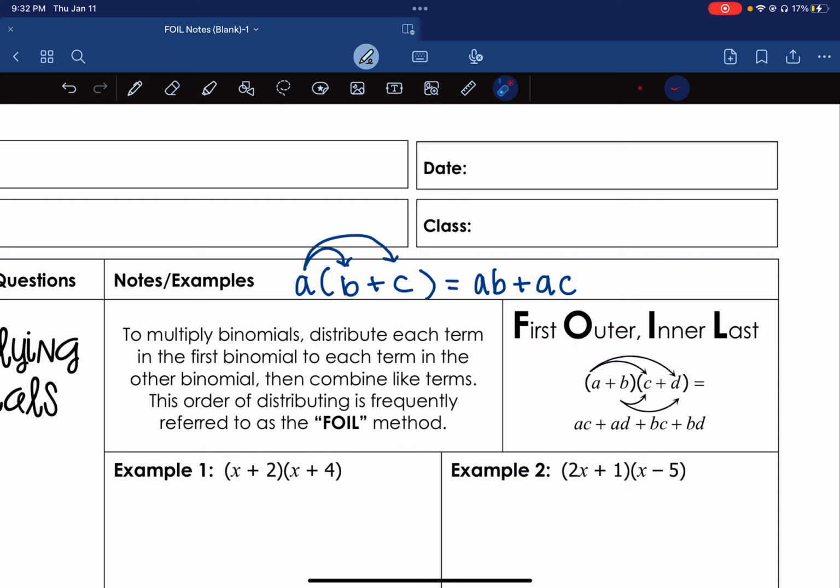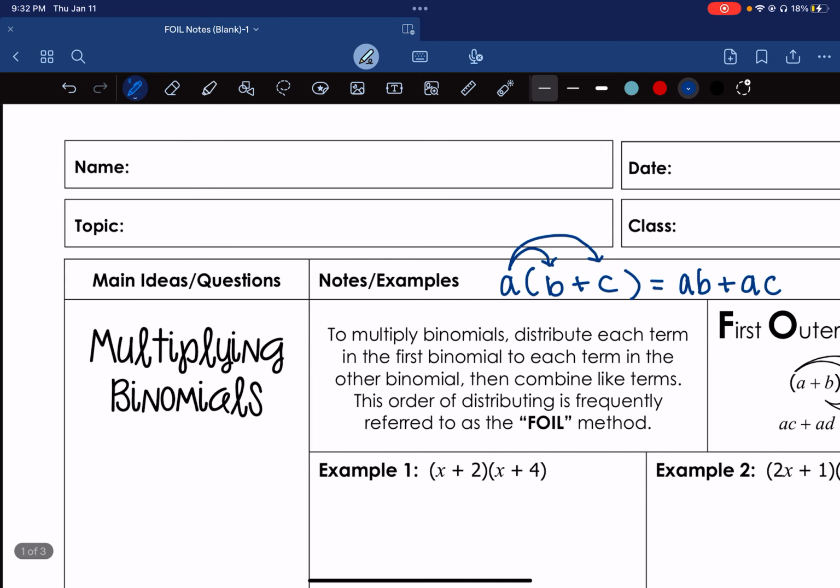Now, FOIL is just a method. It's a fun, catchy phrase. Well, in terms of math catchy phrases, right? It's a good way of remembering it, but really what we need to know is that we are distributing to both terms.